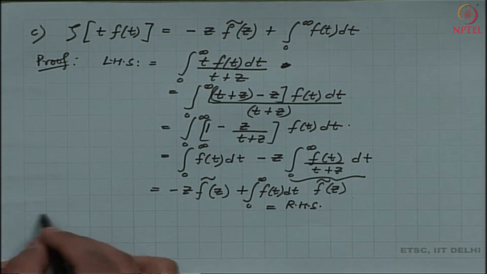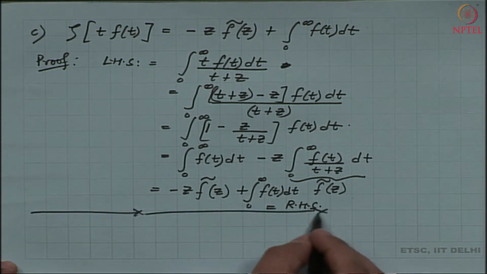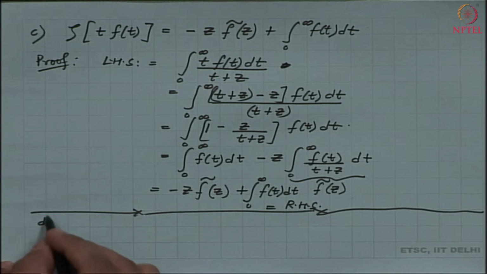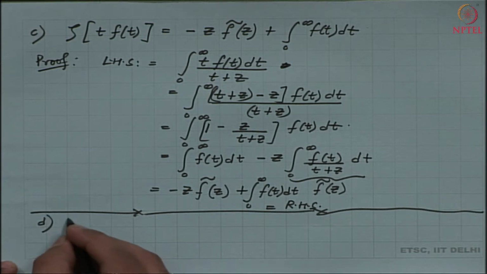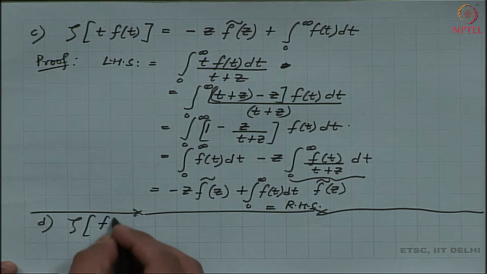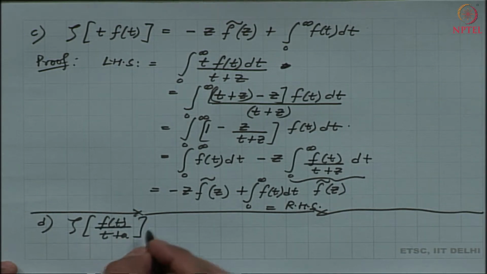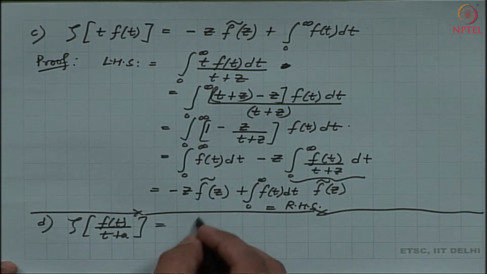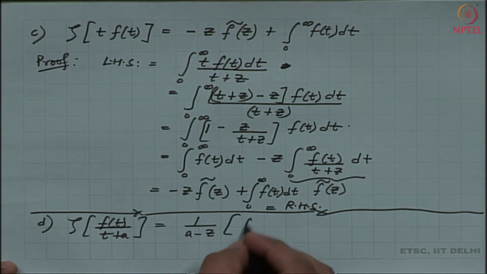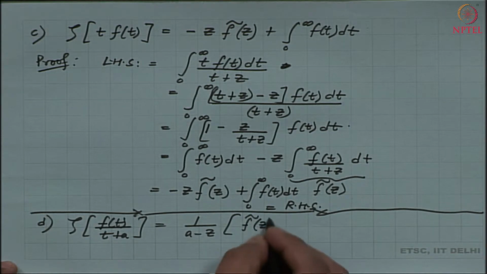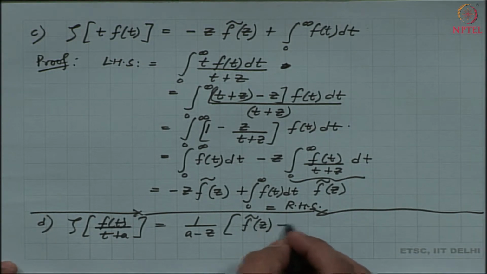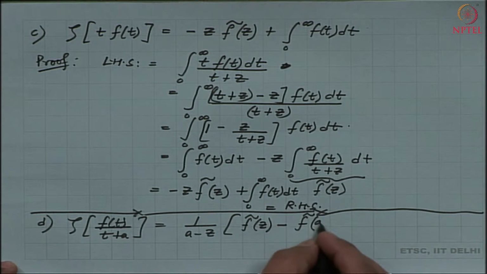Then there is another property which says that the Stieltjes transform of f(t) divided by (t + a) is also equal to 1 divided by (a - z) times the Stieltjes transform at the argument variable z minus the transform at the variable a.